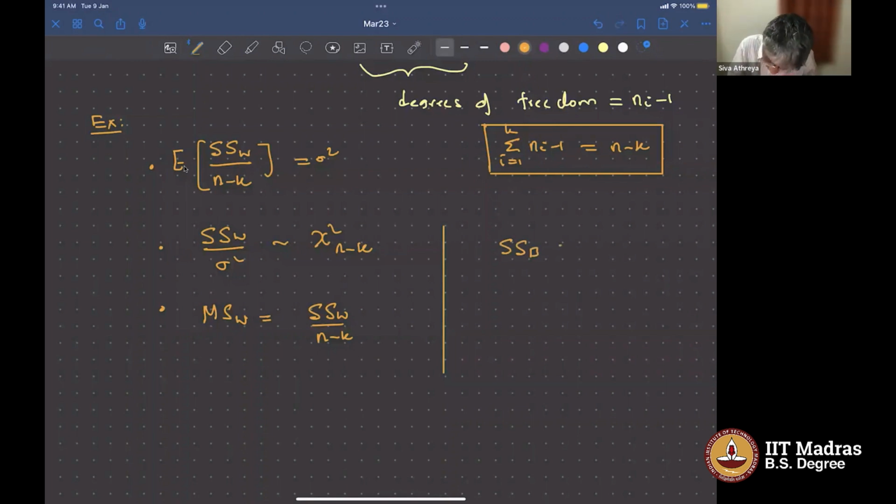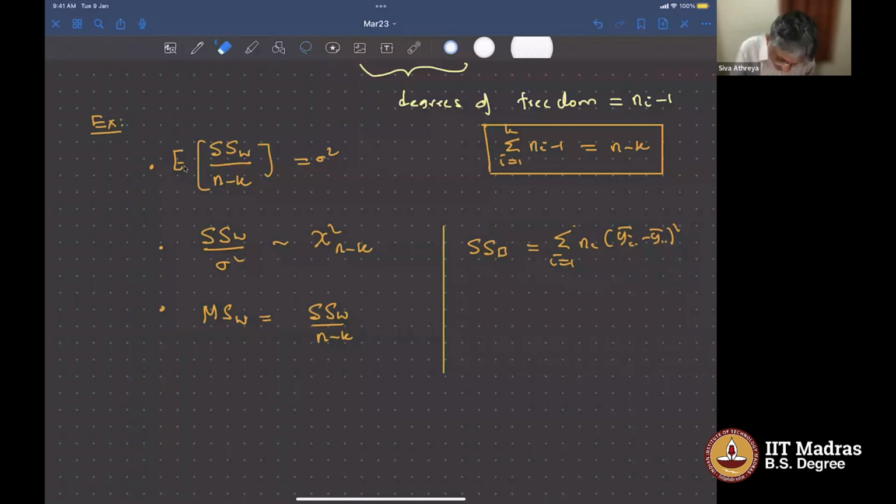The sum from i equal to 1 to k, and I have ni of them, and I have Yi dot bar minus Y dot dot bar, the whole square. This is what I had for the between sum of squares. So again, you can do the same type of idea. You can look at the mean squared between.